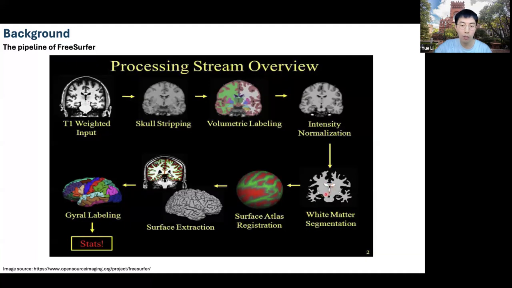But so far, even if we get this mesh, its vertices have no correspondence with any atlas. So we inflate it into a sphere shape, and a spherical atlas registration is performed based on curvature information, like shown in this map. Red represents the sulcus and green represents the gyrus. Then it creates the pial surface by expanding the white matter surface outward.